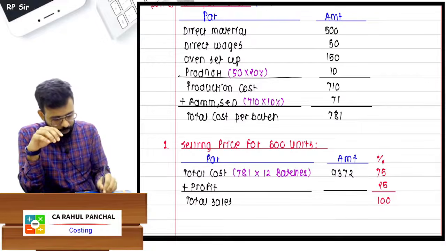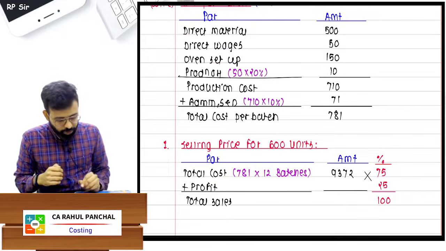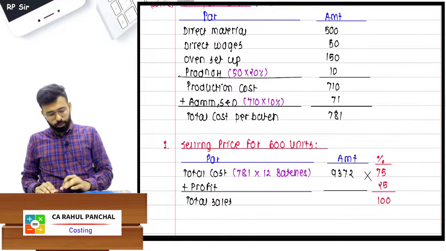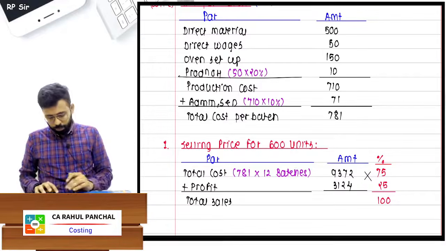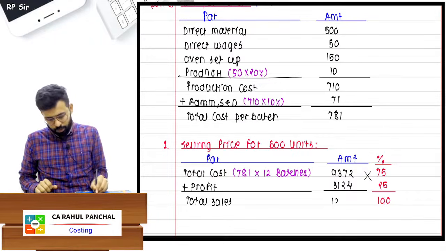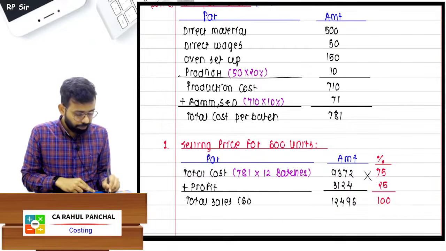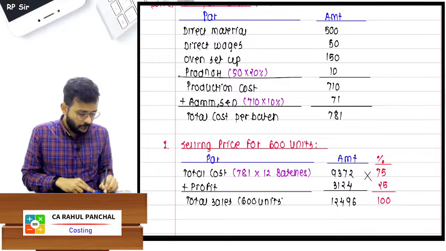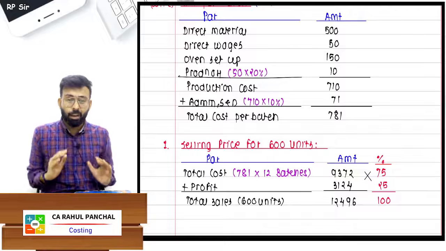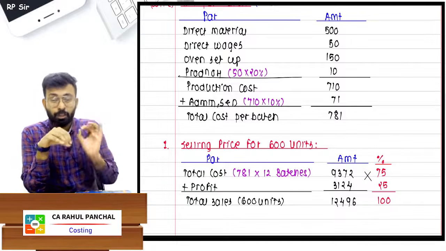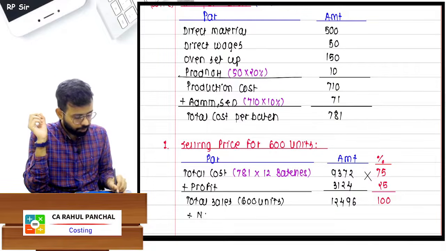Now you can cross multiply: 9372 divided by 75 into 25 is 3124, plus 9372, that will be 12496. This is your total sales value of 600 muffins. But it is always preferable, if they are asking for a selling price, to show that in totality and also per unit. So we will divide by the number of units.